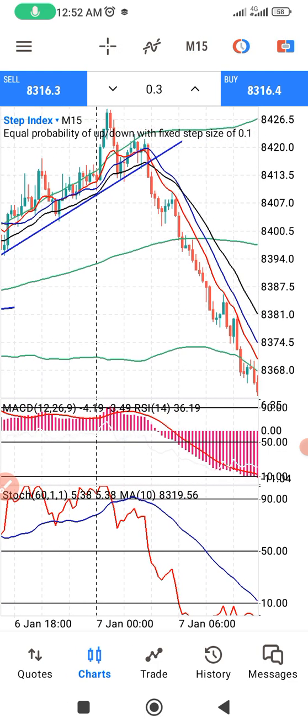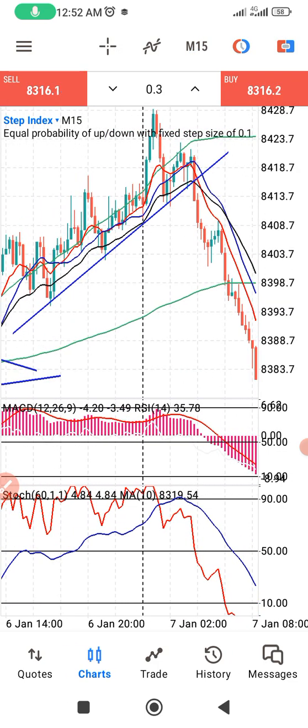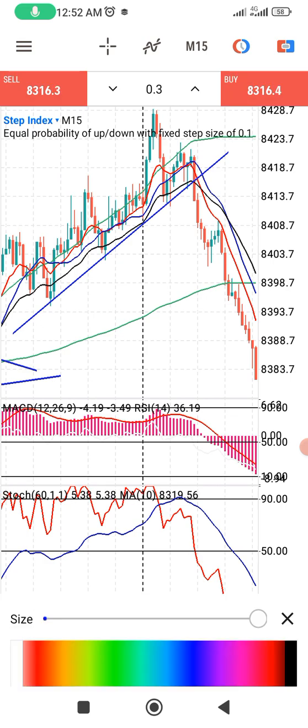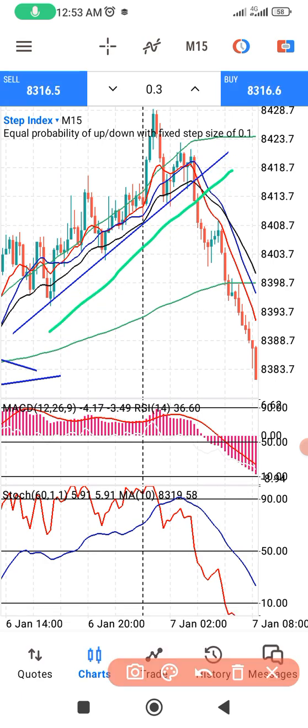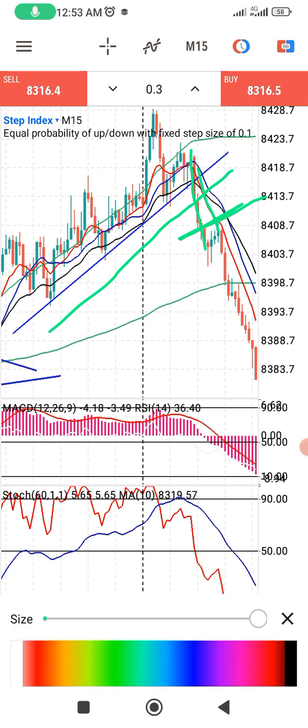Now once you have drawn your trend line, you are waiting for price to break this trend line and close below it. And that is exactly what happens there.